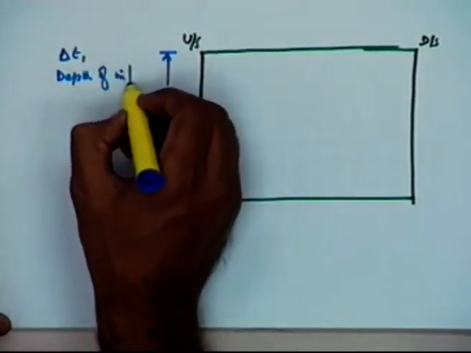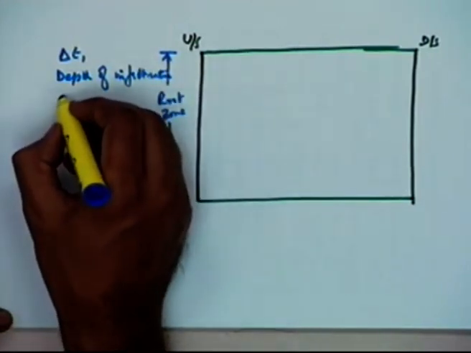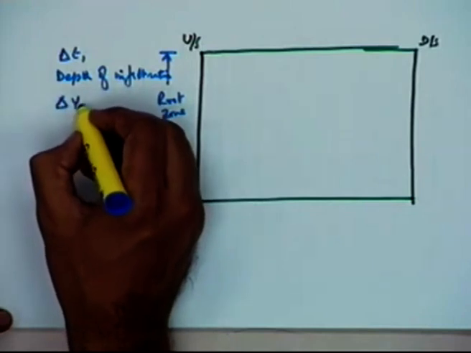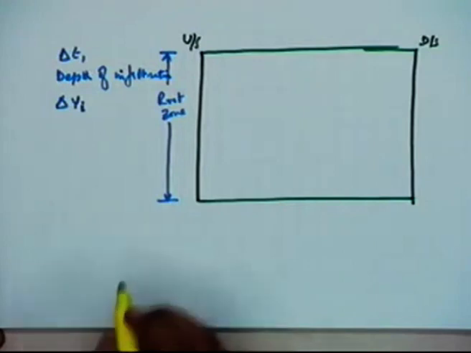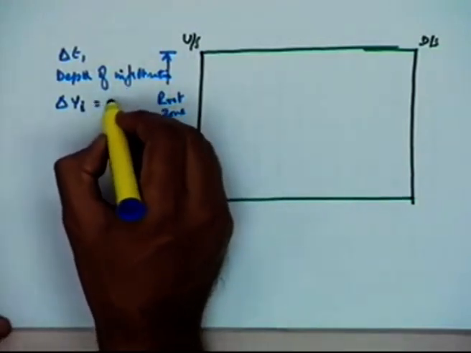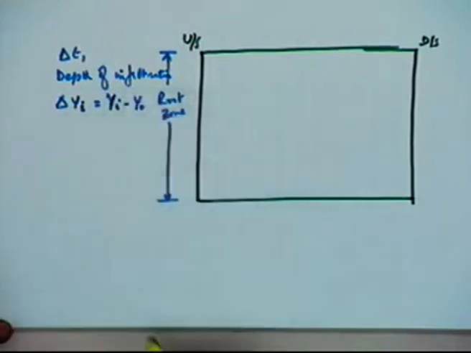The depth of infiltration in any one interval will be a function of the initial depth in the soil and the depth infiltrated during this time interval.